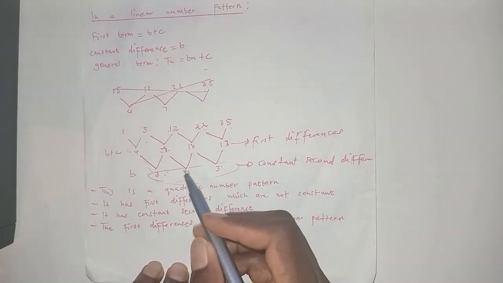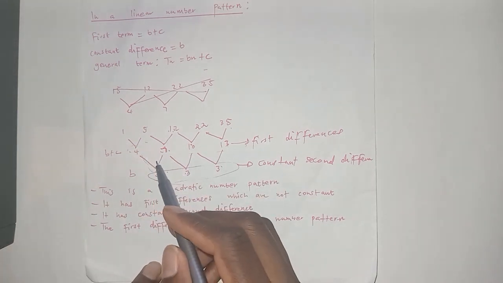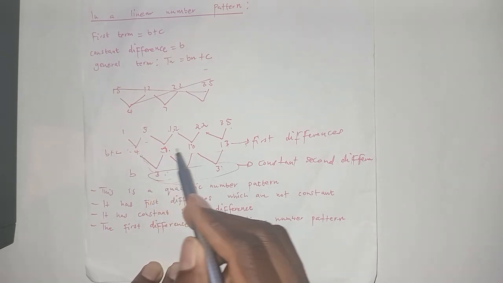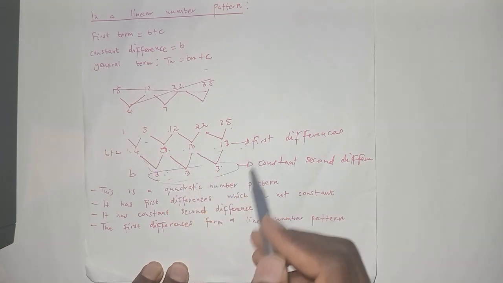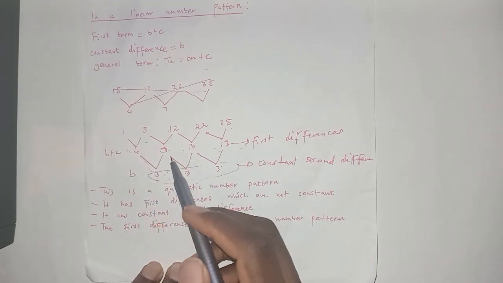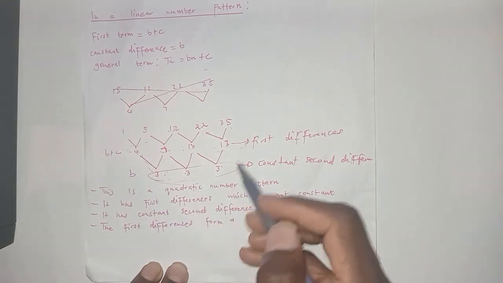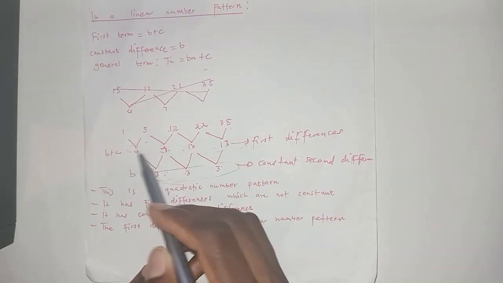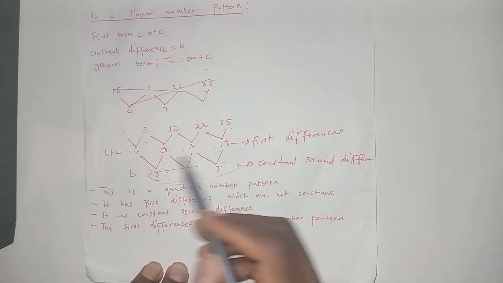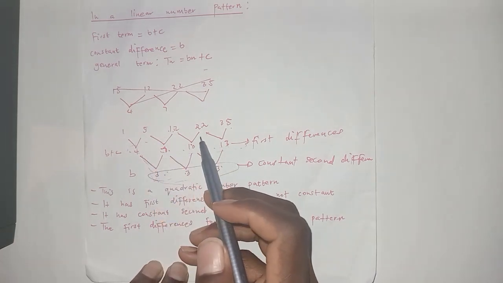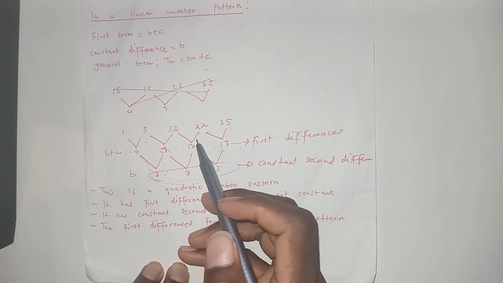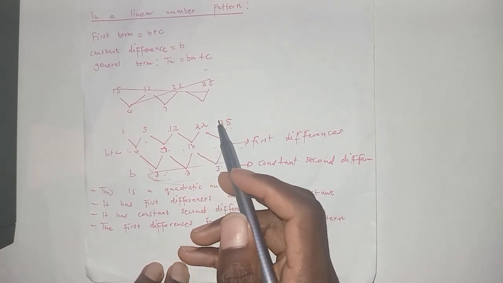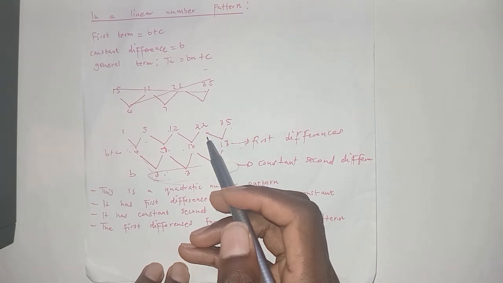So wherever you see constant differences between numbers like this, then you can have a linear number pattern. But overall the whole thing is a quadratic number pattern, because over here we don't get constant differences, so we have to go further and find second differences that are constant, which is why this is a quadratic number pattern.